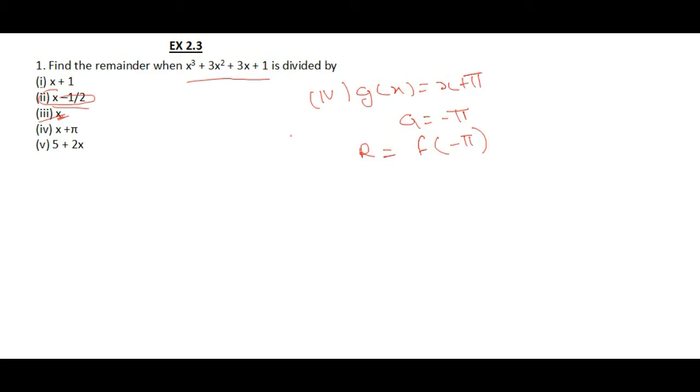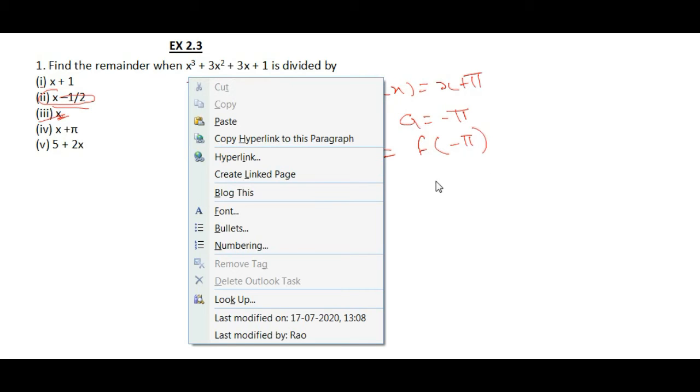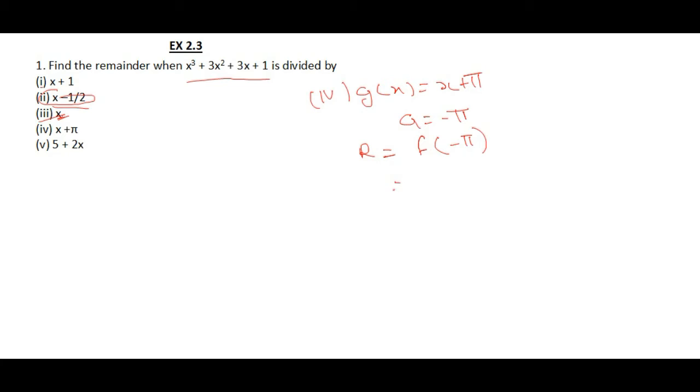So place minus pi in place of x in this expression. You will get f of a, the remainder, equal to minus pi cube plus 3 multiplied by minus pi square plus 3 multiplied by minus pi plus 1.